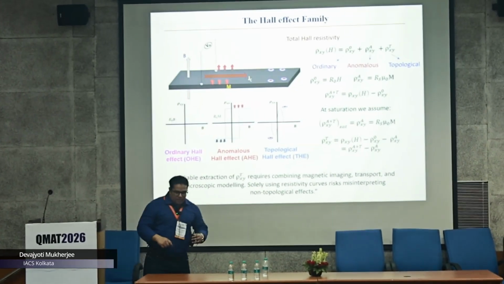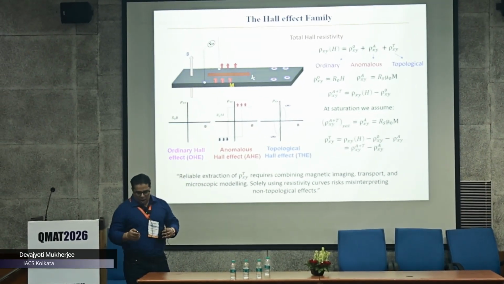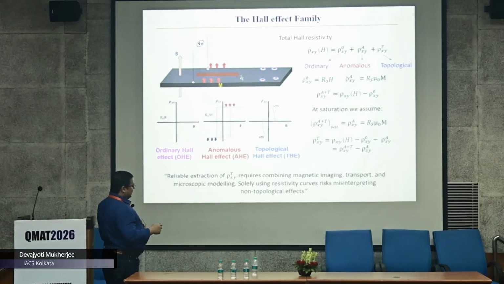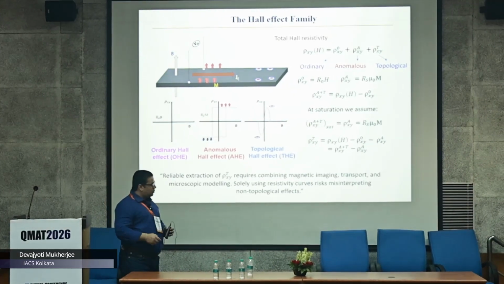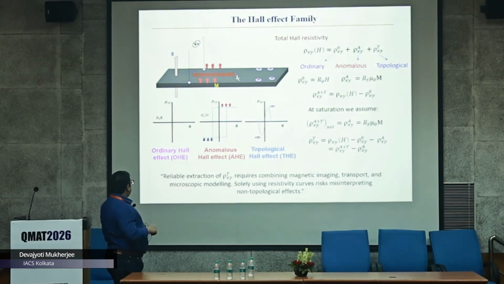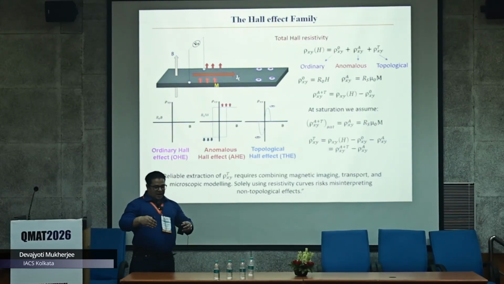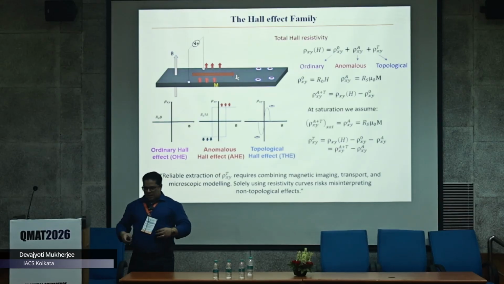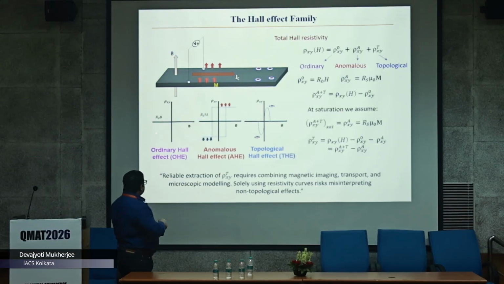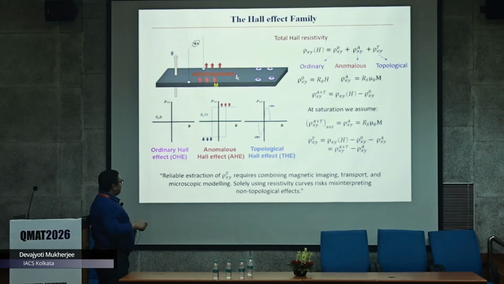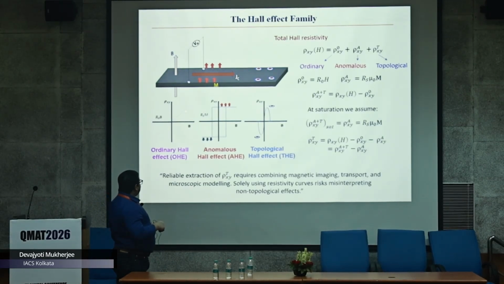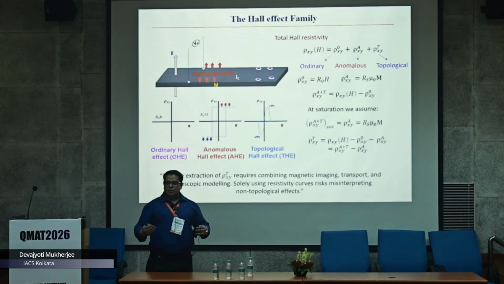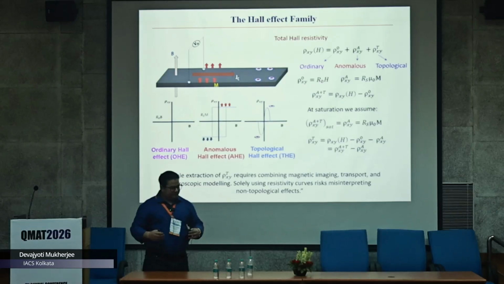So today I'm going to talk about this Hall effect family. Hall effect is a very famous classical experiment we learn in our MSc courses, wherein the Hall resistivity, which is developed across as a transverse voltage when you apply a current through a conductor, is linearly proportional to the magnetic field which is applied across. Now, if the material is a magnetic material, along with this linearity, you will observe a hysteresis pattern which is associated with the magnetization of that material.